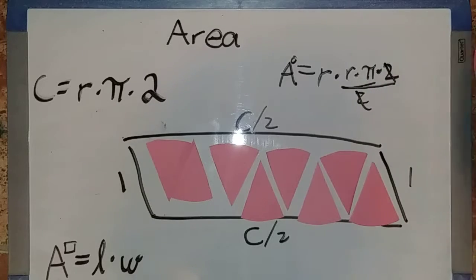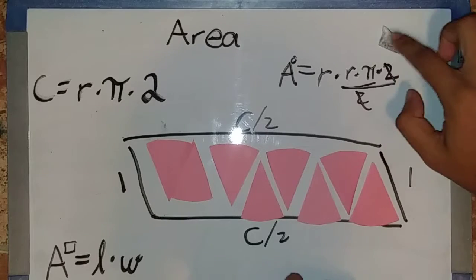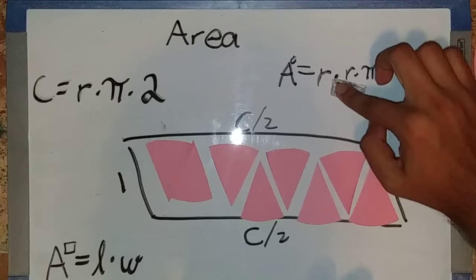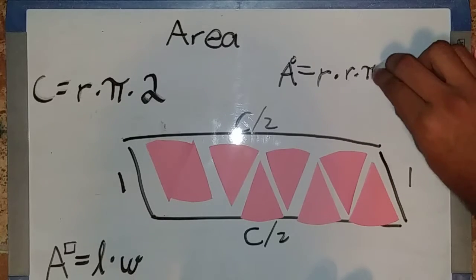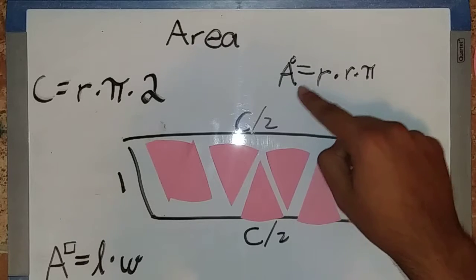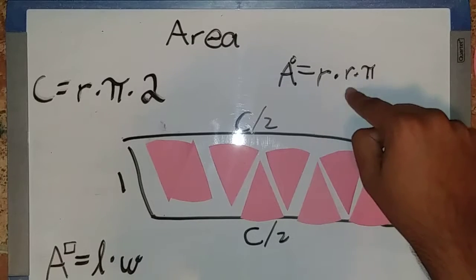They could cancel out, and we can simply erase them, since 2 divided by 2 just equals 1, and multiplying by 1 gives the same result. So we're left with area equals radius times pi.